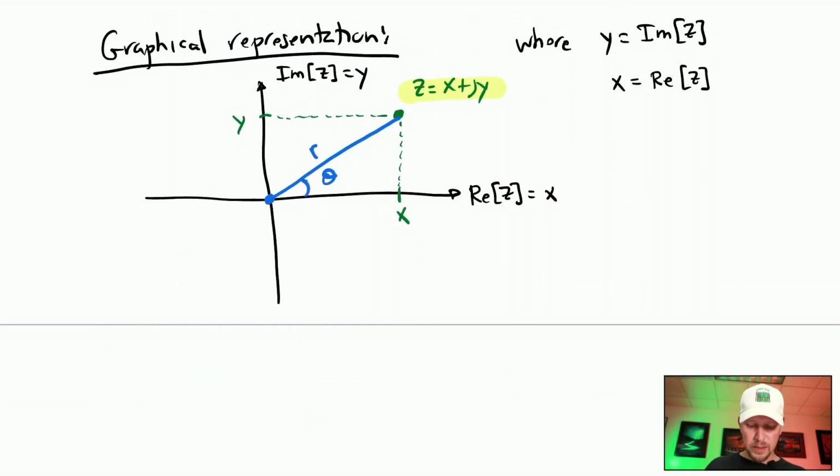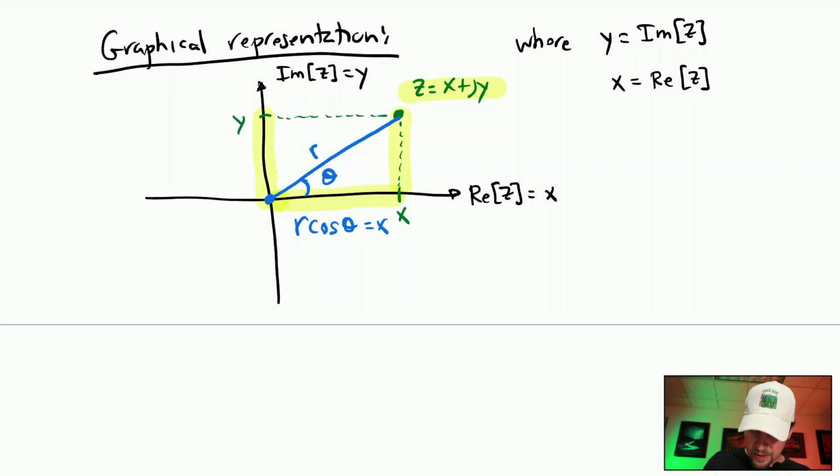Now, we can use some basic trigonometry in order to go back and forth between the Cartesian coordinates as well as the polar coordinates. So we should be able to see quite clearly that since this right here is the adjacent side to that angle, this is going to be r times the cosine of theta, and that's the value of x.